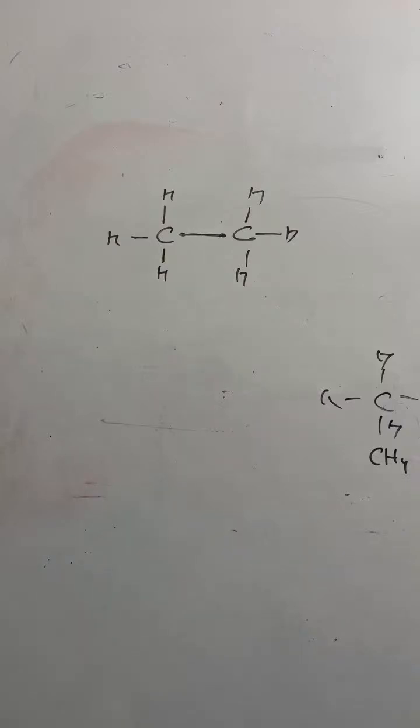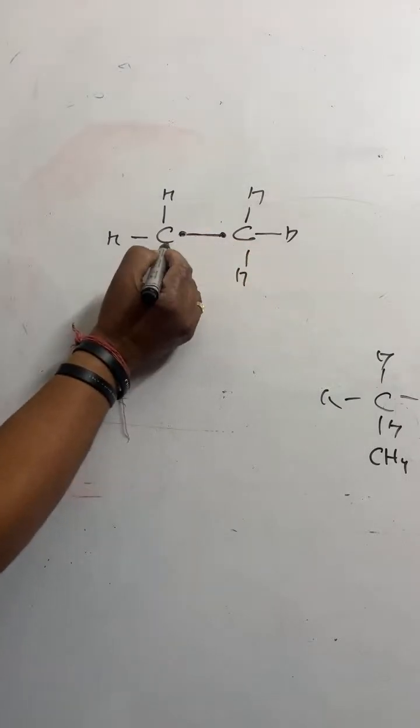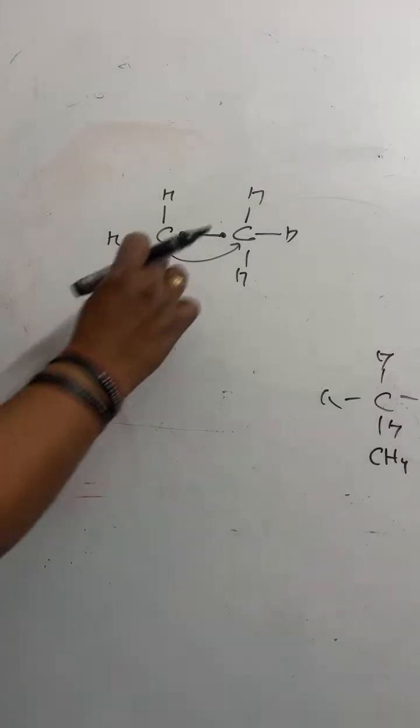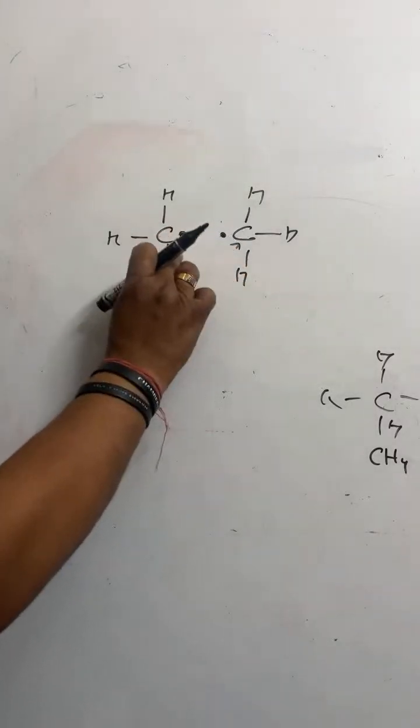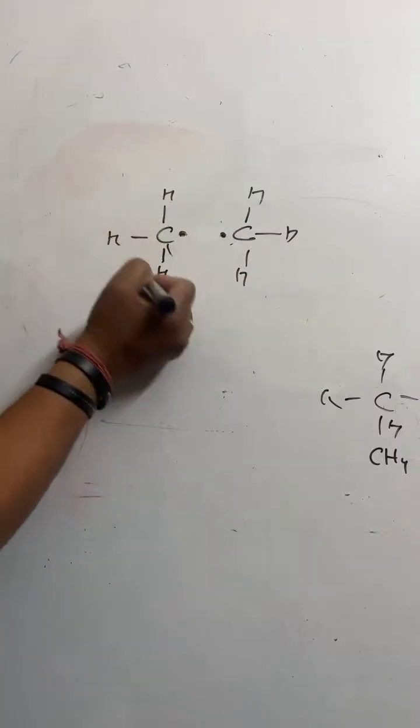And this type of property, my dear friends, where carbon is added with carbon, is called the catenation property of carbon. No other element has this type of quality as carbon has. Actually, only three hydrogens came on this side, so it is added with all.